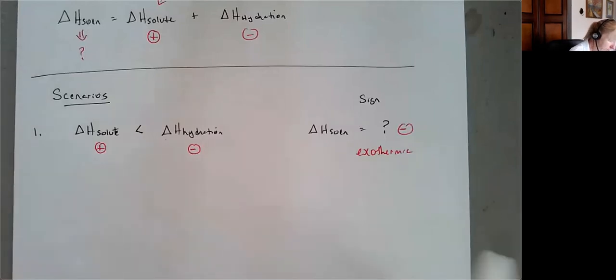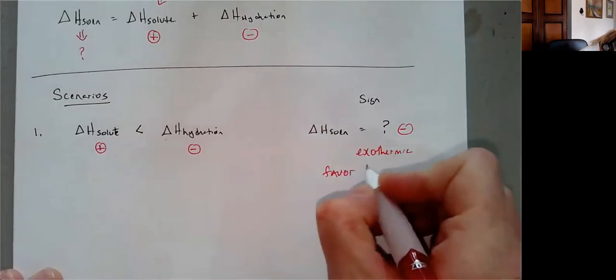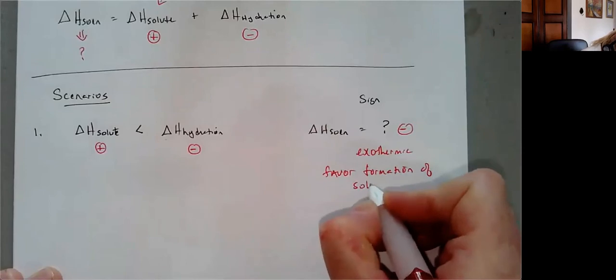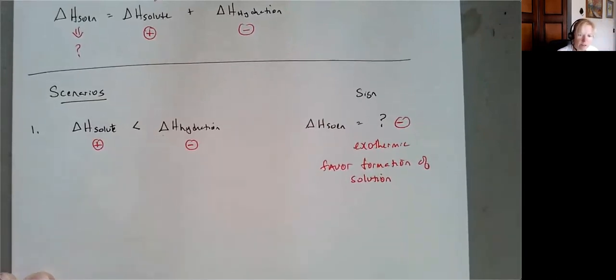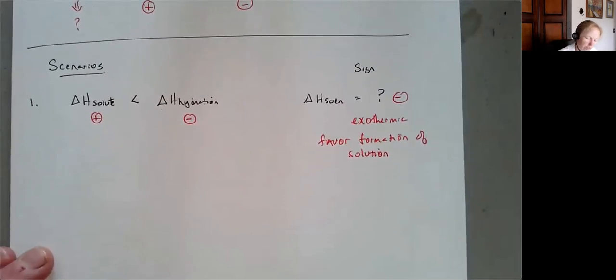So this is going to be favored. This is going to favor solution. So if you have an exothermic process, you're going to favor the formation of a solution from an enthalpy standpoint, and remember it's always already favored from an entropy standpoint. So your solution will happen.